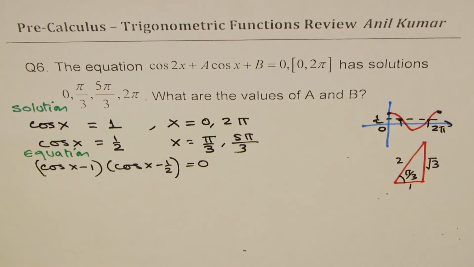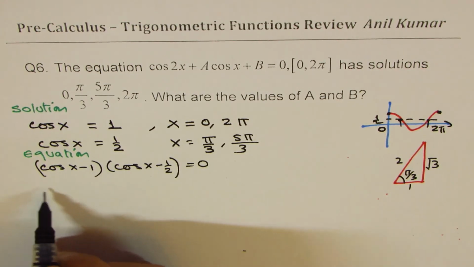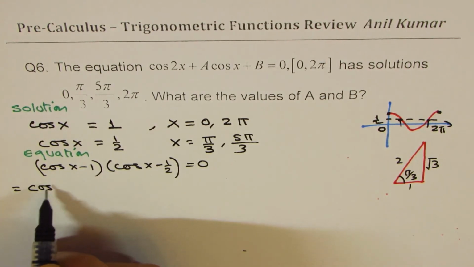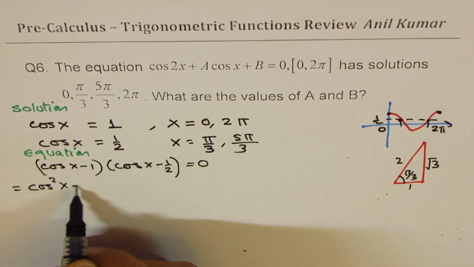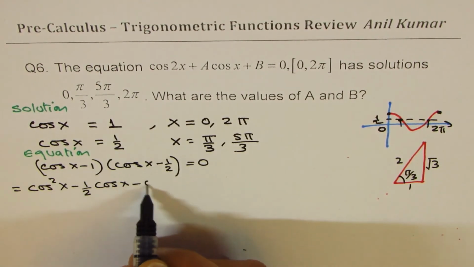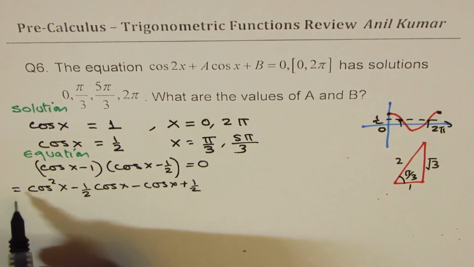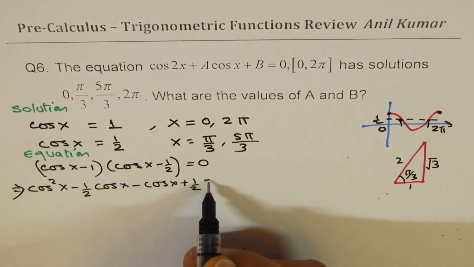Now the idea is to expand this equation and compare with what is given to us so that we can find the unknown, right? So let's expand this. Cos x times cos x is equal to cos square x. Then we have minus half cos x, multiplying with negative 1, negative cos x plus half, right? This is what we get. So this is equal to 0, right?